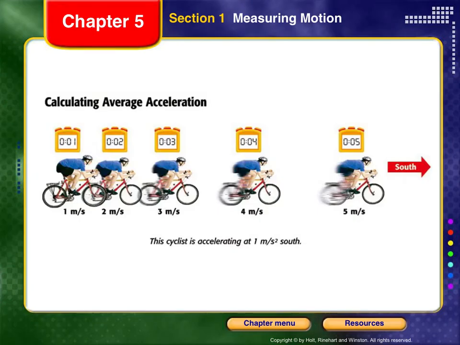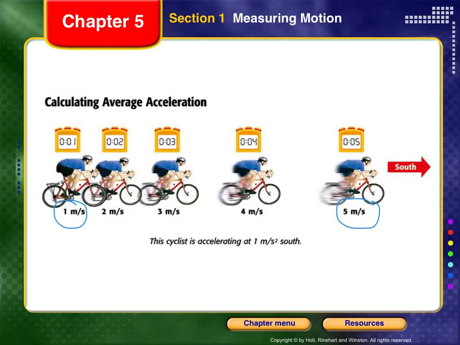In this case, who is that? That looks sort of like Someren on the bike there. Someren is riding his bike, beginning at 1 meter per second. That's his initial velocity. His final velocity is 5.1, and it took 1, 2, 3, 4, 5 seconds.